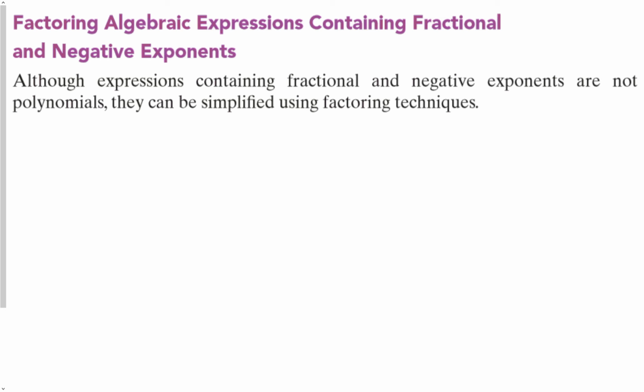Okay, let's keep it nice and easy. Let's go 2x squared plus 4x. If I wanted to factor that expression, I would notice that they have a number in common, a 2. They also have a variable in common, an x.